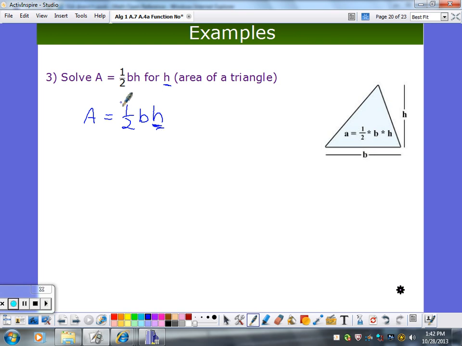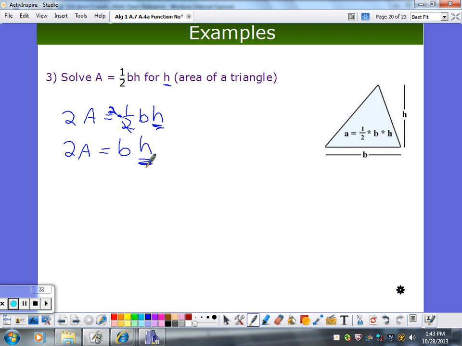Let's take it a piece at a time. How can I get that half to be gone? Multiply by 2. Multiply by the reciprocal, because what's 2 times 1/2? 1. So it's gone. But if I do it to one side, I do it to the other.